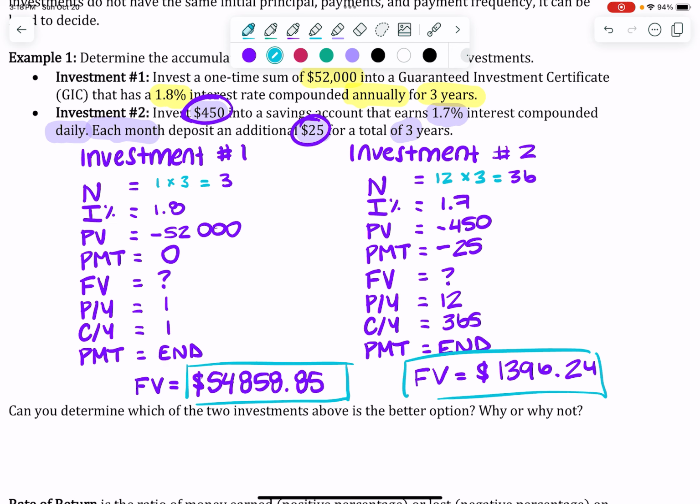And a percent of a larger number is going to be larger than a percent of a smaller number. So, obviously, I'm expecting to make more interest, more dollar amount of interest, I should say, off of a larger valued investment. So I can't just be like, oh, 54,000 is clearly bigger than 1,300. Yeah, then that's better. It wasn't starting off at the same point, right?